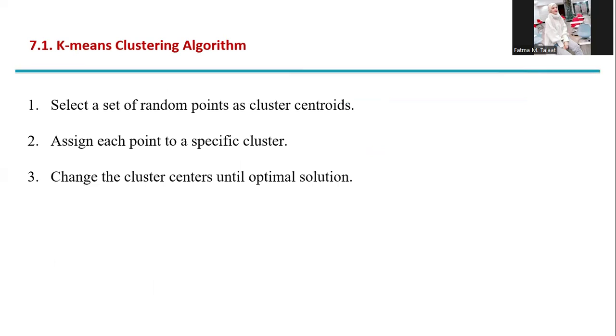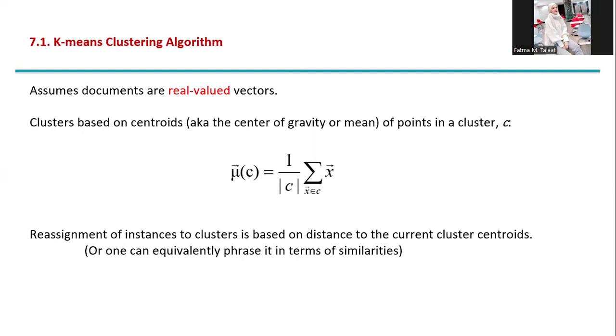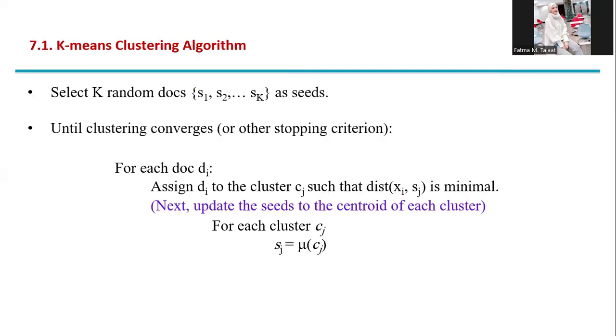The K-means clustering algorithm selects a set of random points as cluster centroids, assigns each point to a specific cluster, and changes the cluster centers until an optimal solution is reached. Assume documents are real valued vectors. Cluster based on centroid, the center of gravity or mean of points in a cluster. Reassignment of instances to clusters is based on distance to the current cluster centroid, or one can equivalently phrase it in terms of similarities.